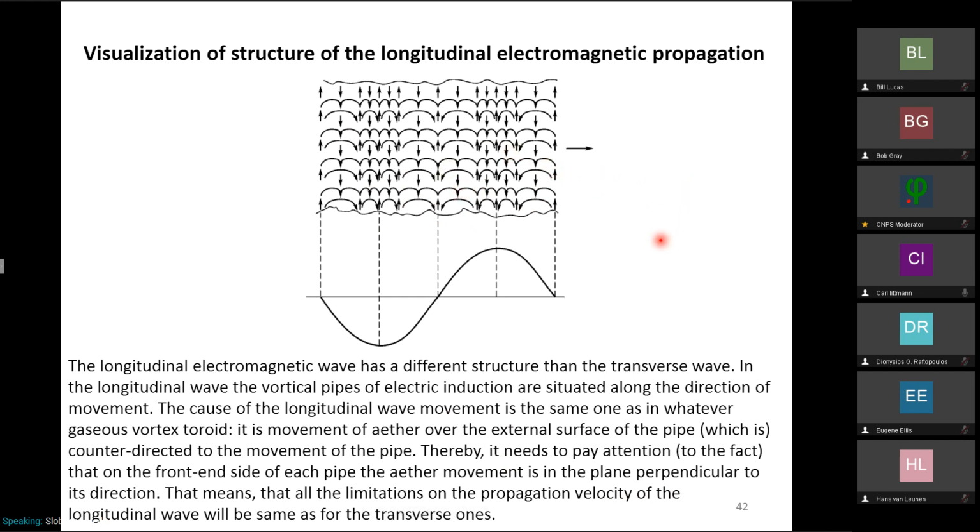There is again some kind of explanation about this difference. Again, I would not be able to elaborate more on this. I would even expect that the longitudinal propagation would be of higher velocity than c, but Sukovsky had some arguments that indicate that actually the velocity of both longitudinal and transverse propagation is the same.